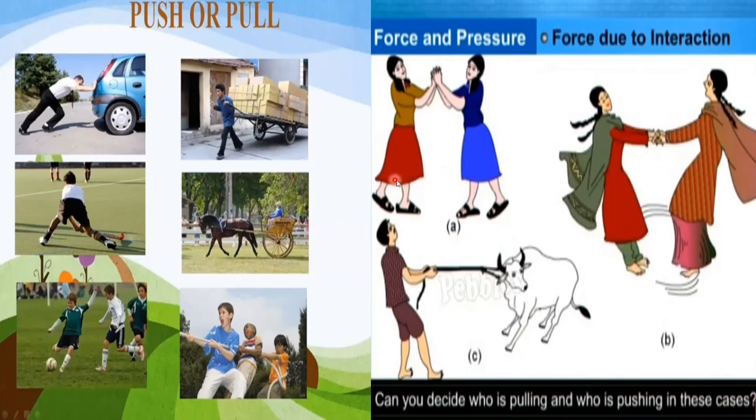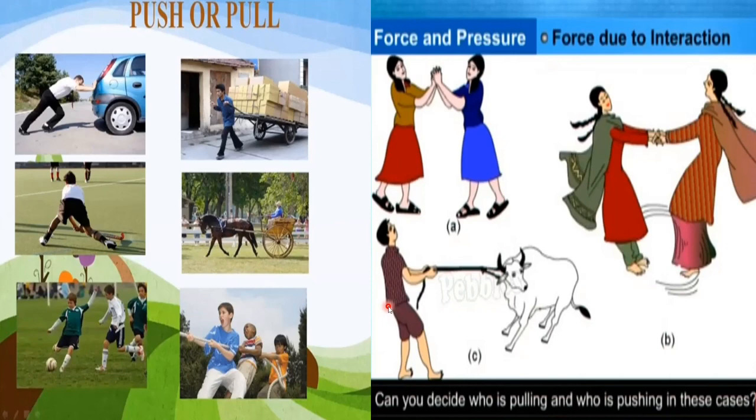Likewise, here the two girls are playing and they are pushing each other. And here the girls are playing by pulling each other. And then here we can say this man is pulling the ox towards himself.